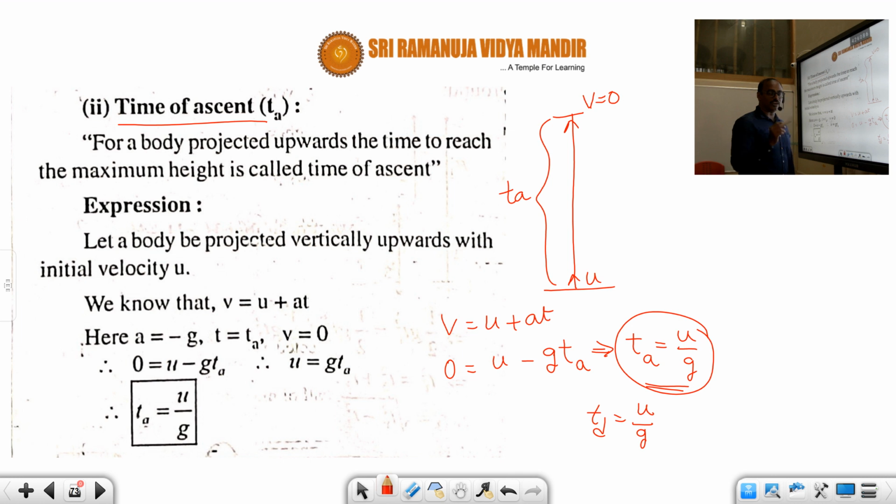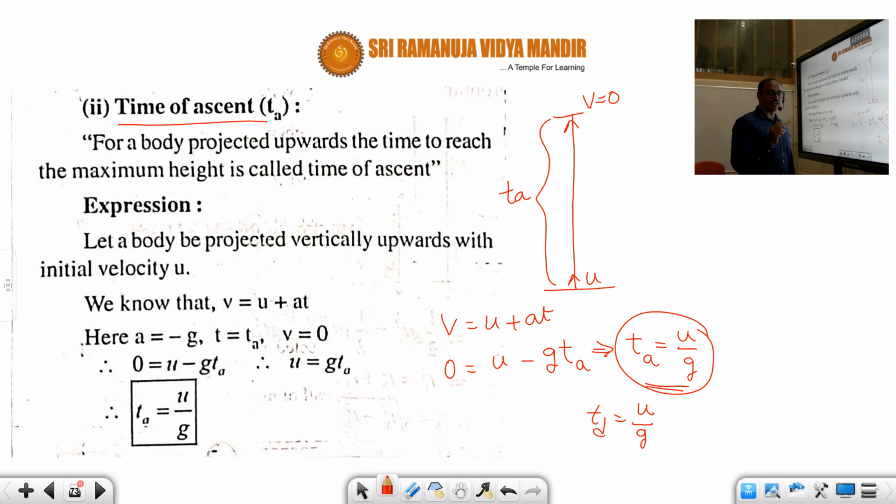Time of flight is nothing but time of ascent plus time of descent, that is equal to ta plus td. So ta is u divided by g, plus td is also u divided by g, that equals 2u divided by g, which is the time of flight.